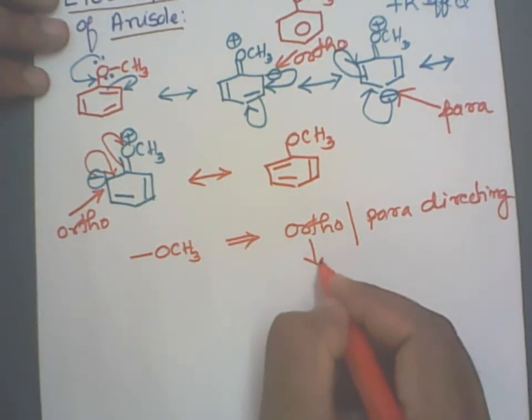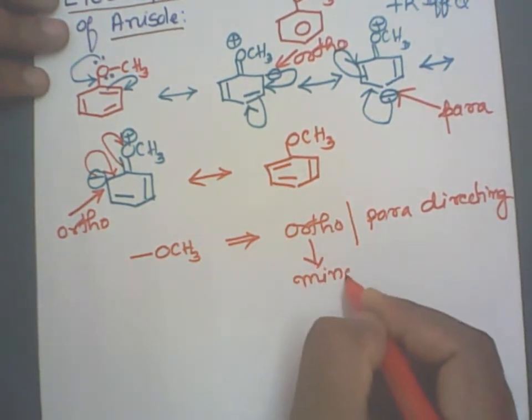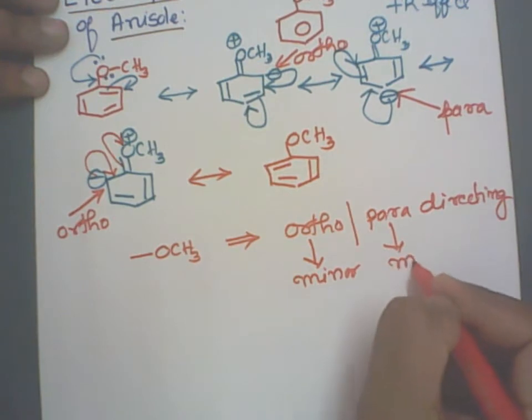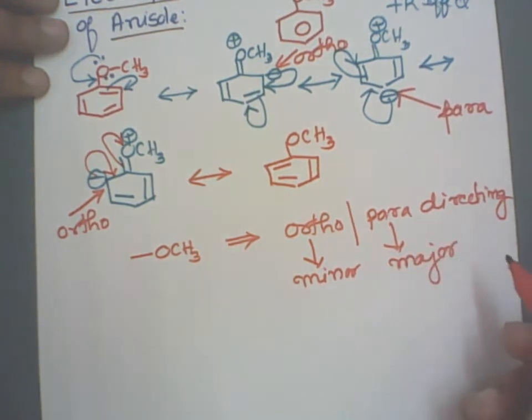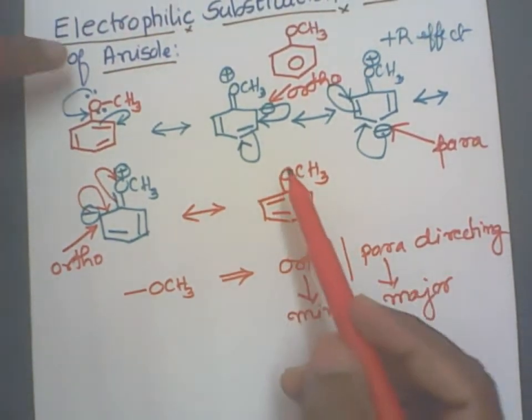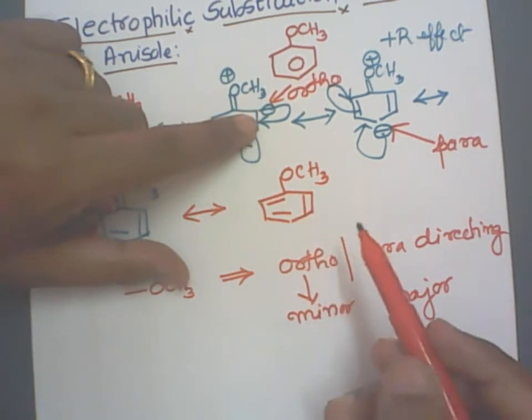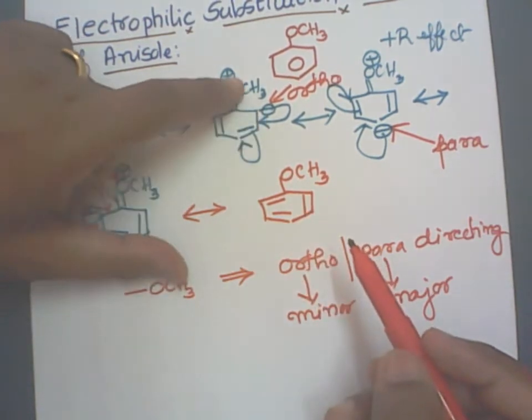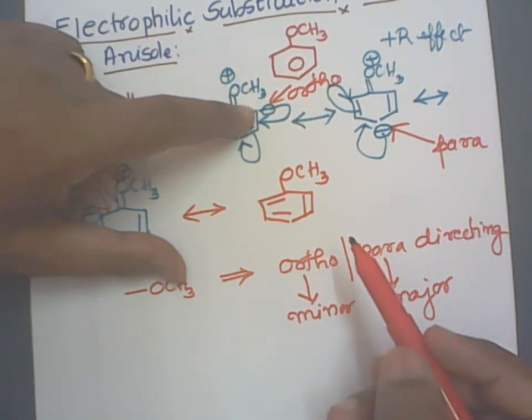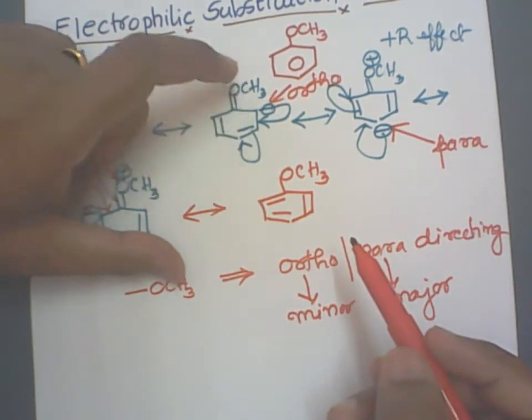Now remember, ortho is the minor product and para is the major product in these reactions. Why major and minor? The electrophile can come to the ortho position, but OCH3 is a little bulkier group, so at the ortho position there will be steric hindrance.